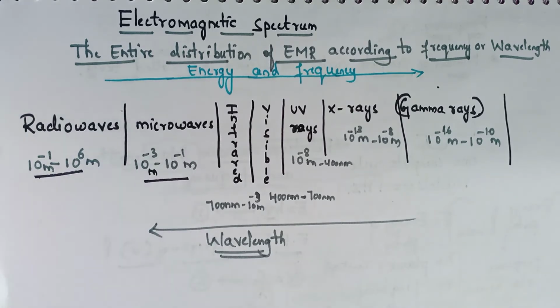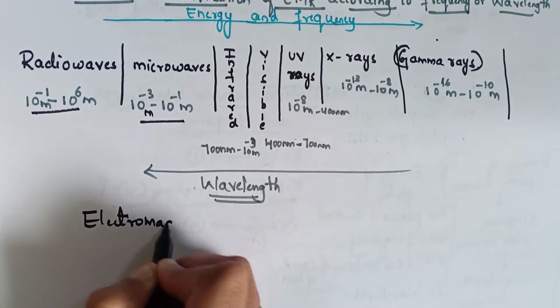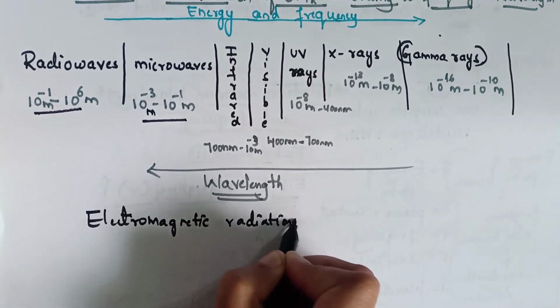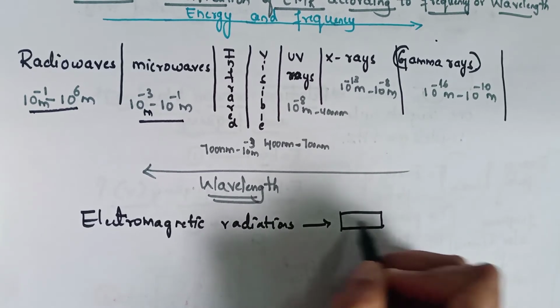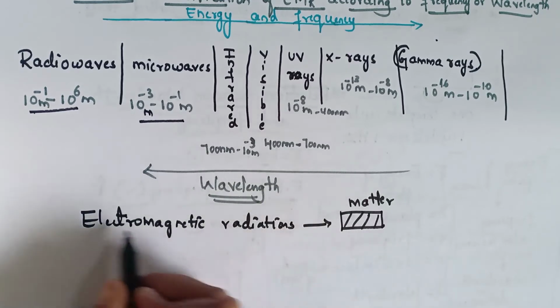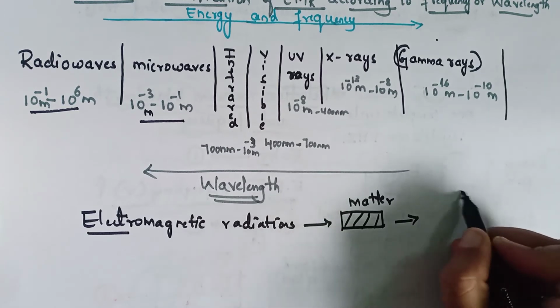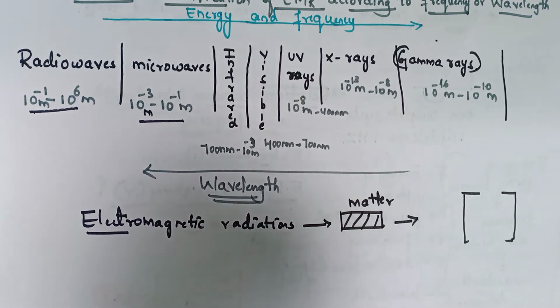Now let's move on further. I already told you that when the electromagnetic radiations interact with the matter or the compound under study, we will get information about the compound, that is, the structural properties of the compound.